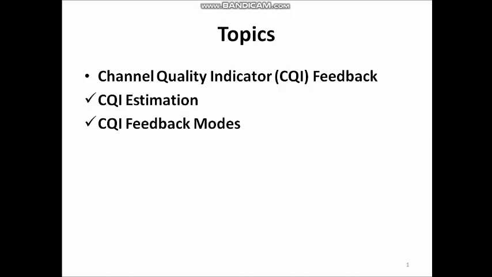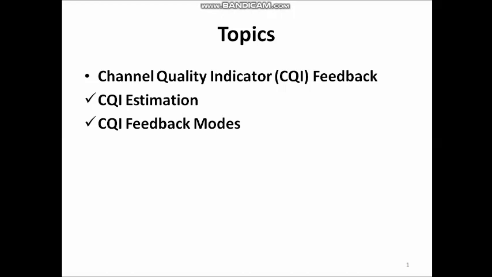And for CQI feedback to enable frequency selective scheduling and also to keep the overhead low, various reporting modes are supported. So different reporting modes are supported here, which includes both periodic and aperiodic reporting, and also this supports both wideband and subband reporting.